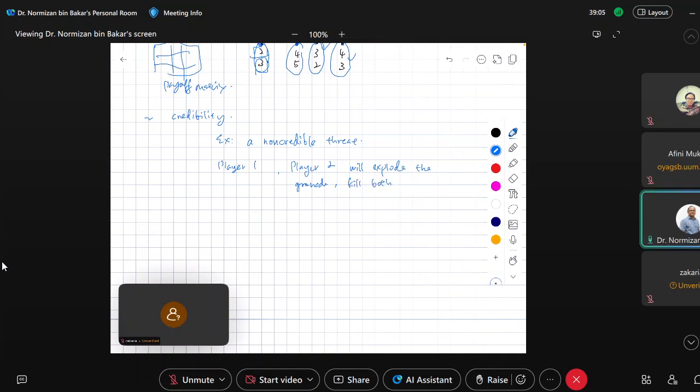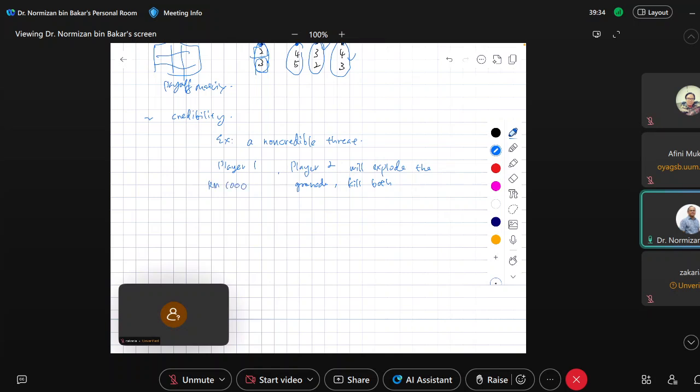But player two will not explode the grenade if player one gives him, let's say, 1,000 ringgit. So if player one gives 1,000 ringgit, then player two will not explode.